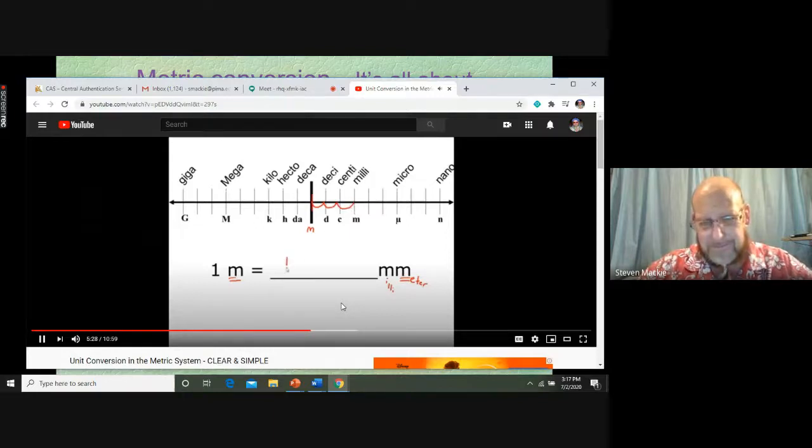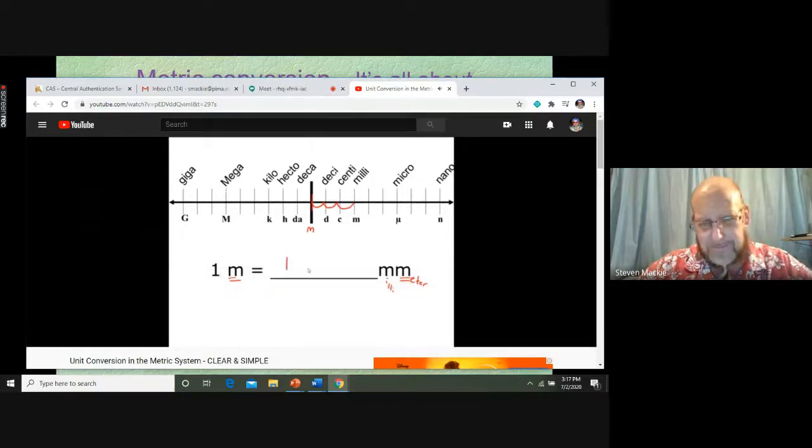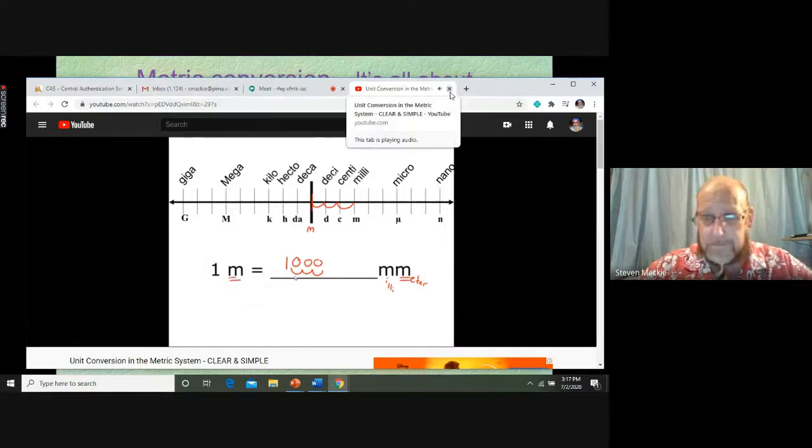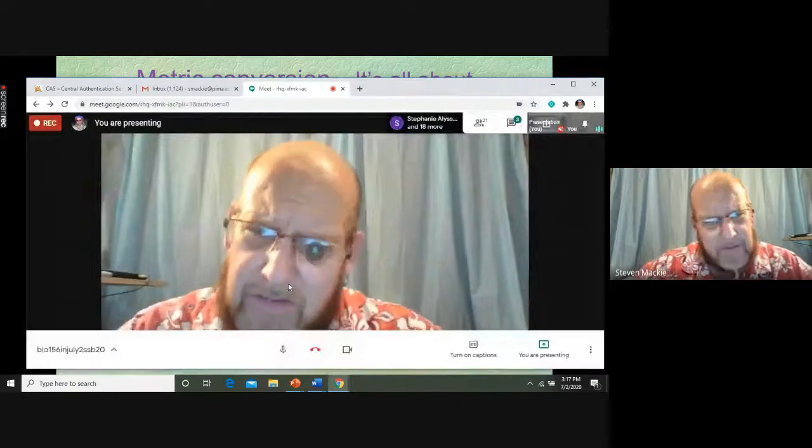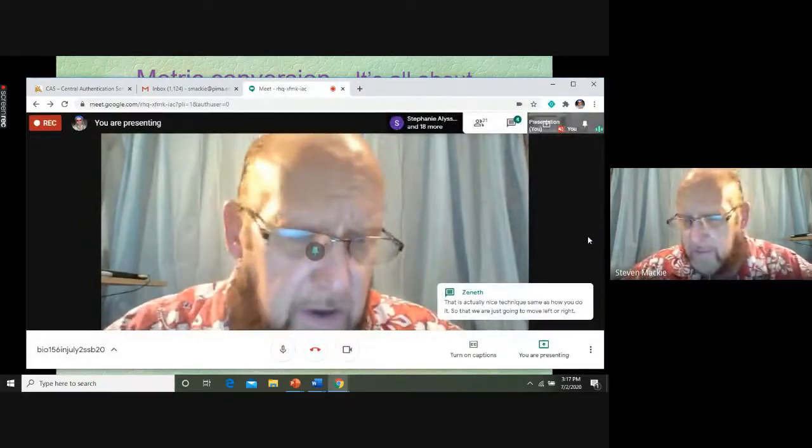All I'm going to do is take my number 1 and move the decimal point 1, 2, 3 places to the right, and fill these little hoops up with zeros. So 1 meter is the same thing as saying 1,000 millimeters.